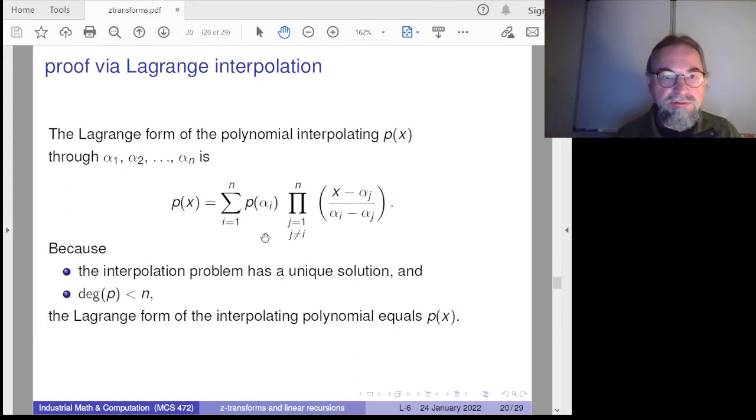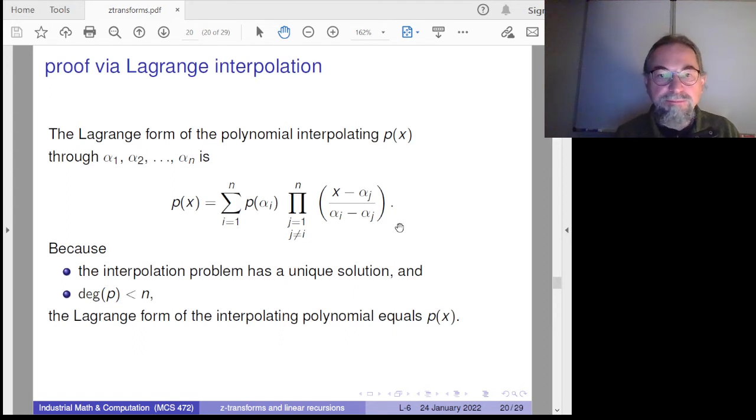But I hope that you can still appreciate the flavor. So an interpolating polynomial can be written as a sum of the function values at the points at which you are interpolating times functions that are on and off.